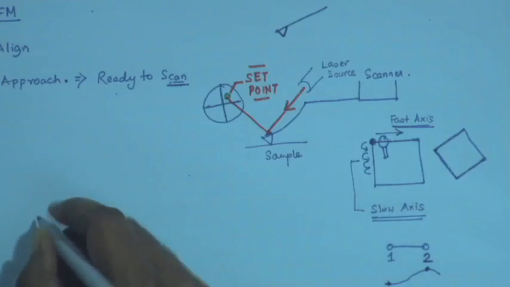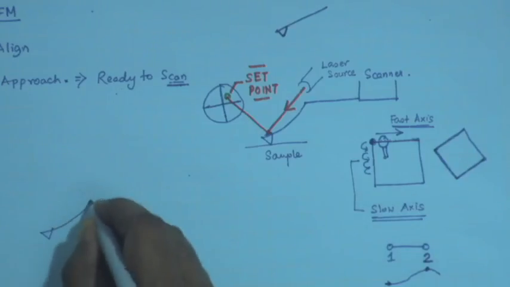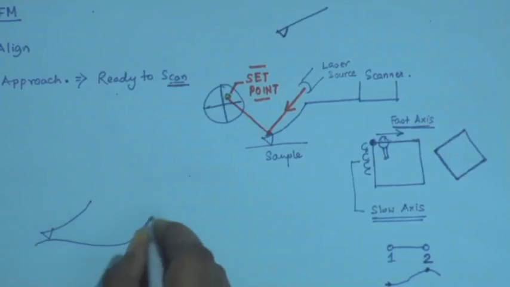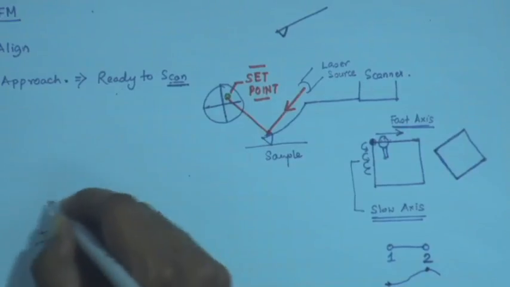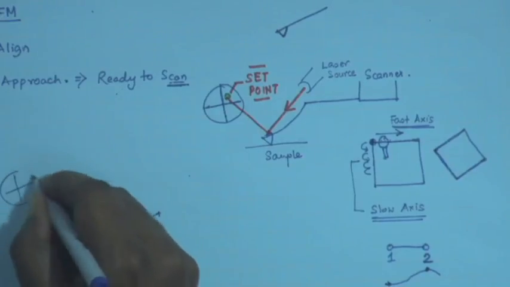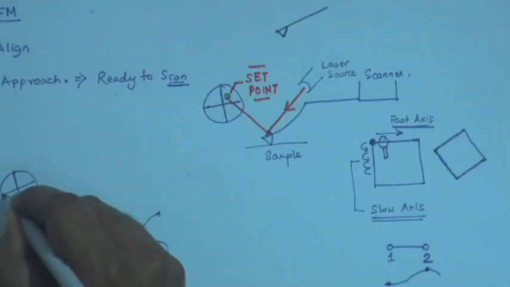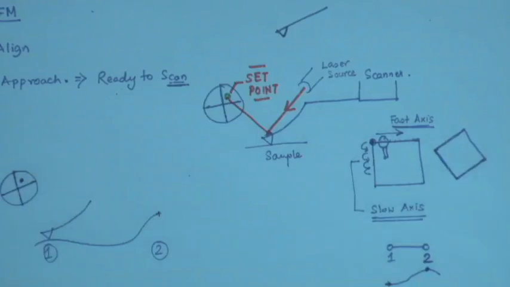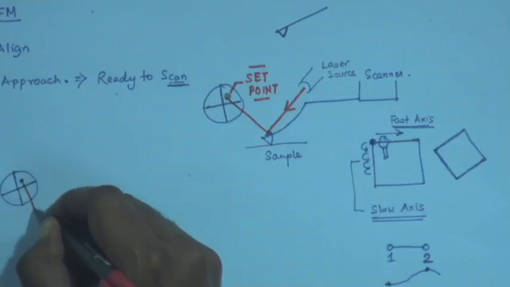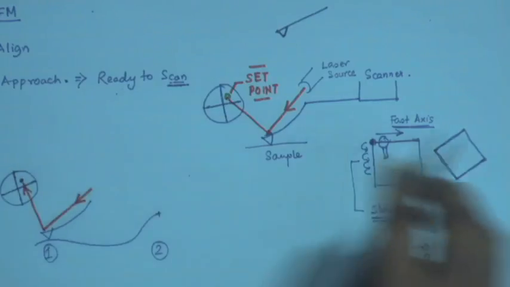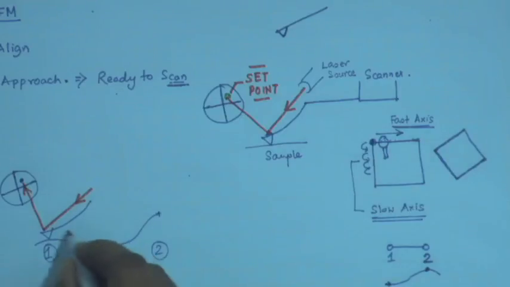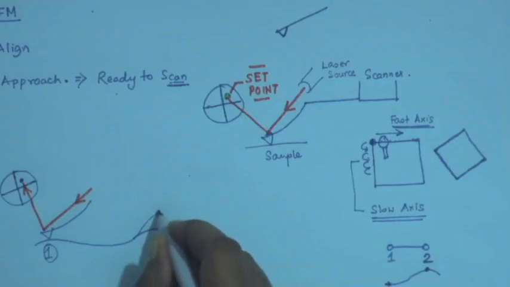So, this is let us say the configuration of the cantilever at point 1, and this is let us say the point 2. We have just exaggerated the gap. So, this is the set point, and as you start to scan, the reflected light falls at the set point. Now, of course, the picture has become a bit too complicated.